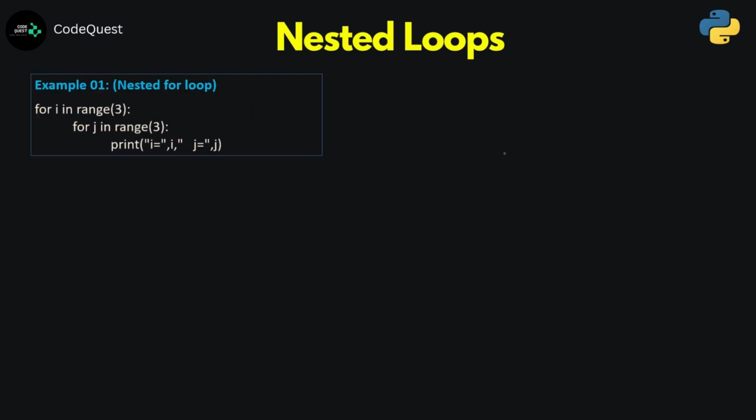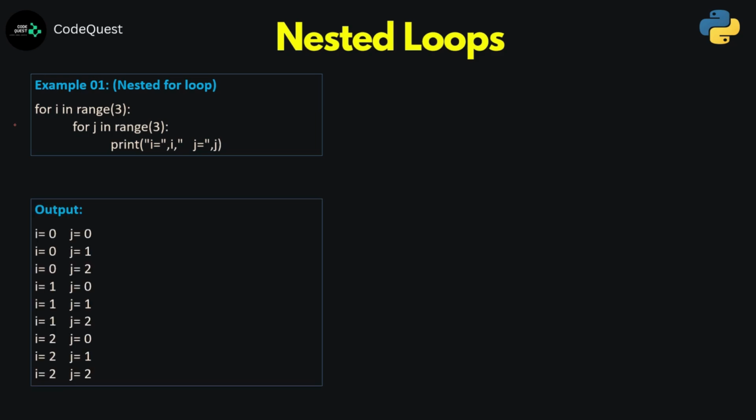So let's understand nested loops through a few examples. In this example, we are taking the help of a nested for loop. We have an outer for loop, and because we have applied the range function, range of 3 means the i value will start from 0, then 1 and then 2, because range of 3 produces only 3 values, that is 0, 1 and 2.